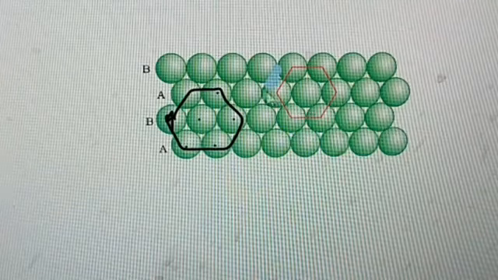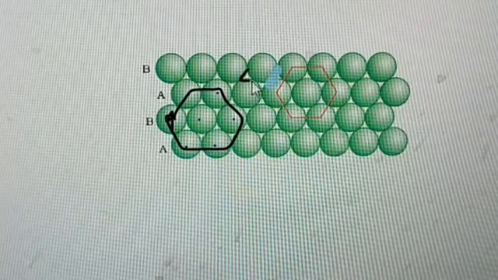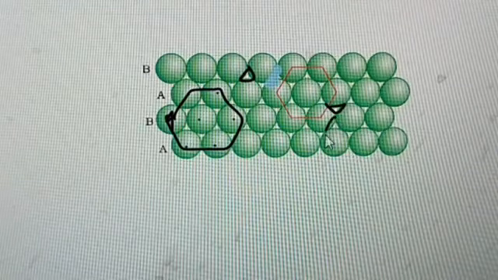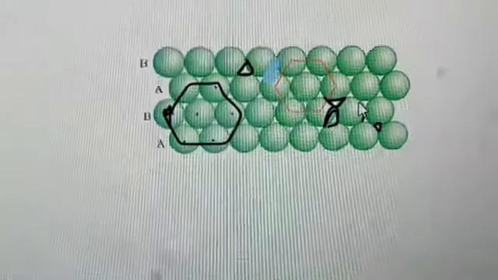Why? Because you can clearly observe that we can see the triangular free space. This is the triangle, and this is the free space, and this is the free space. See here, you can clearly observe the free space in each and every row.